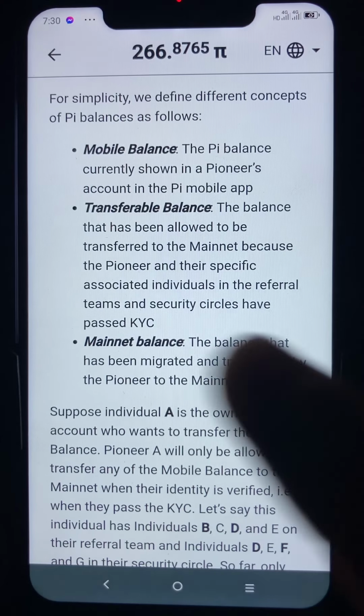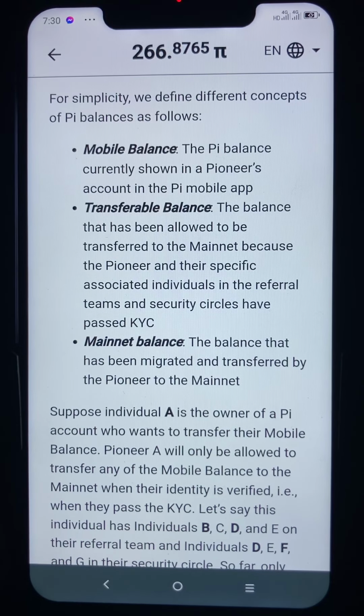Okay. Tapos, transferable balance, the balance that has been allowed to be transferred to the mainnet because the pioneer and their specific associated individuals in their referral teams and security circles have passed KYC. So, yung transferable balance, malaman natin lahat yan. Actually, pwede na. You can check it sa mainnet menu, no?